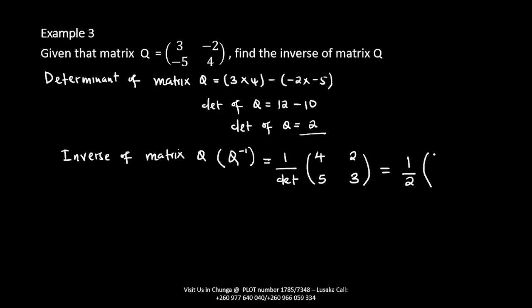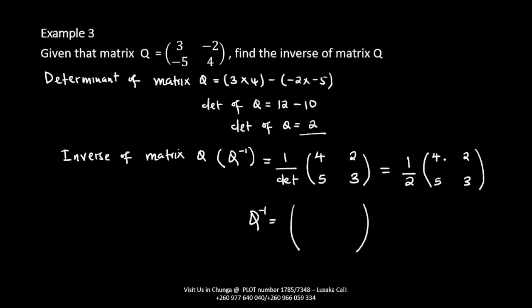Okay? What do we have inside the matrix? We have a matrix we describe as the adjoint. Okay? Where the major diagonals have interchanged, then the minor diagonals have changed the what? The signs. So that would be a 4, a 2, a 5, and a what? And a 3, like that. Okay? So therefore we shall say that the inverse of that matrix is equal to this 1 over 2 that we're seeing. It is multiplying all the elements that are inside this adjoint.